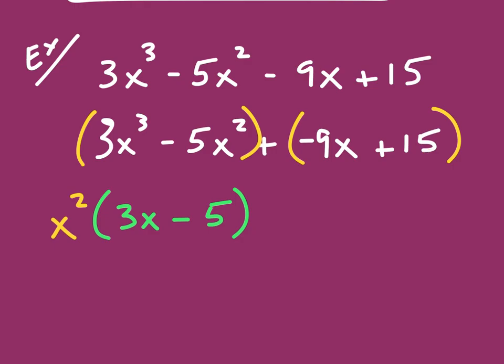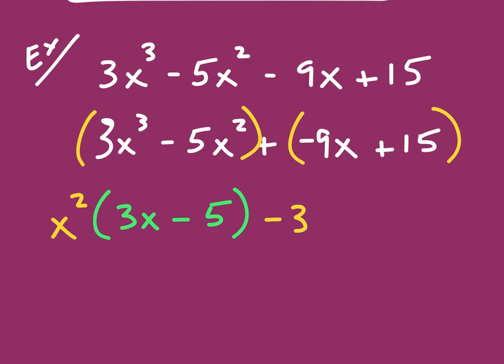Again, our goal here is to get a 3x minus 5 factor. Because of the negative 9 and the plus 15, that gets a little screwed up. So we have to realize that to turn this into a positive 3x, we have to factor out a negative 3.